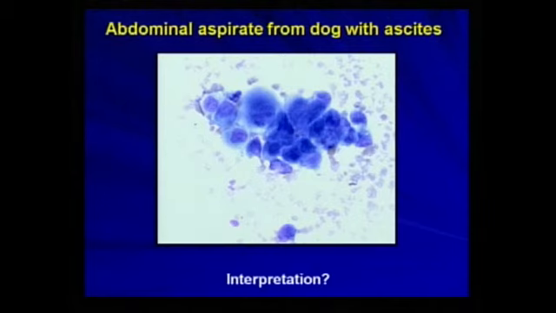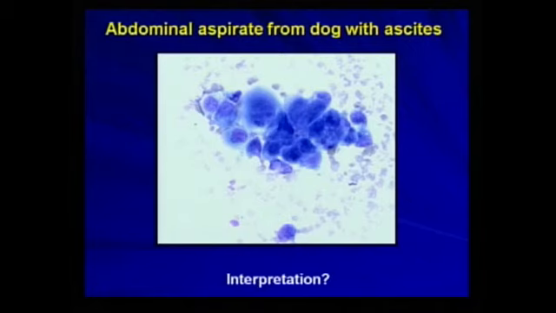If you forgive my romantic reference, that's what's going on. This cell is spooning the other cell, and it's a great analogy for nuclear molding. And that is another prominent criterion of malignancy. And knowing that this dog has ascites, that will qualify as malignant ascites, which is associated with a neoplasm.